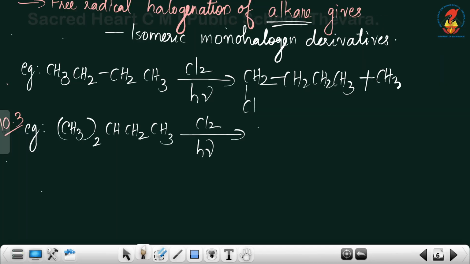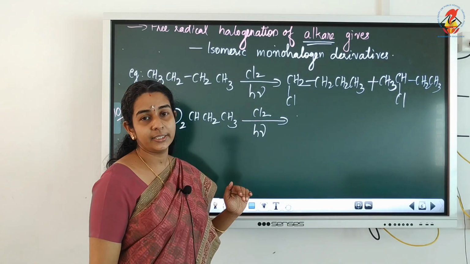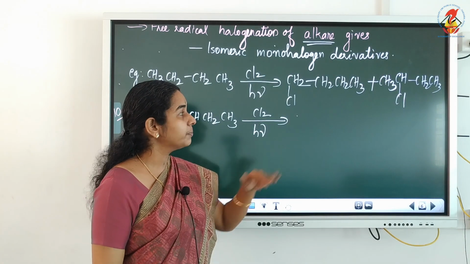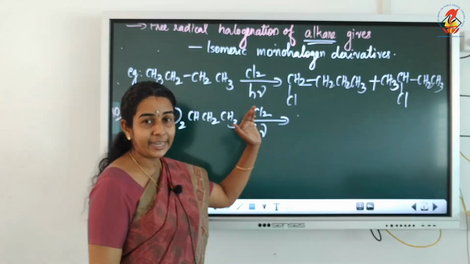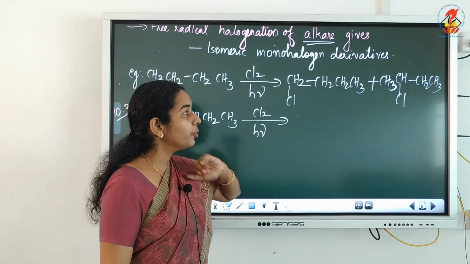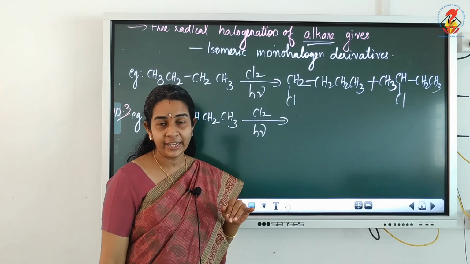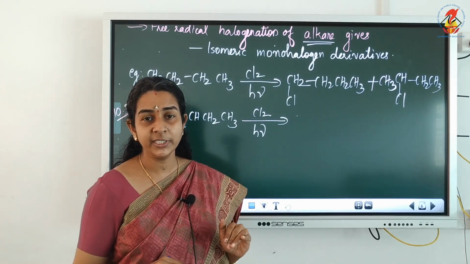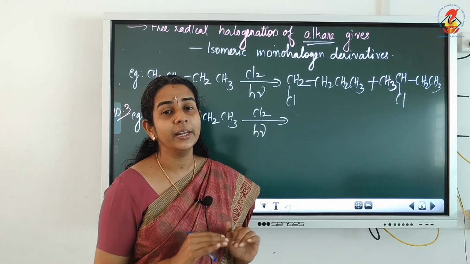So the formula will be CH3-CHCl-CH2-CH3. If you write the names of these products, you get 1-chlorobutane and 2-chlorobutane, two different compounds, but the molecular formula is the same.